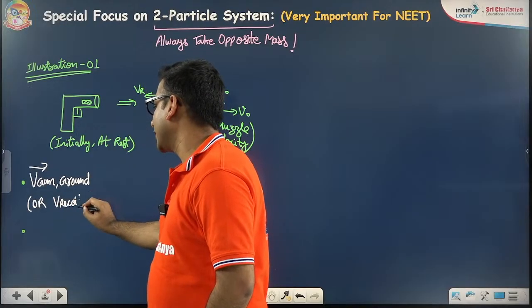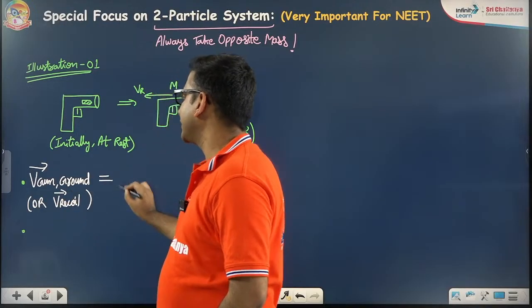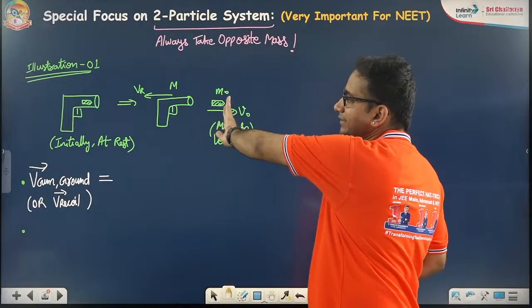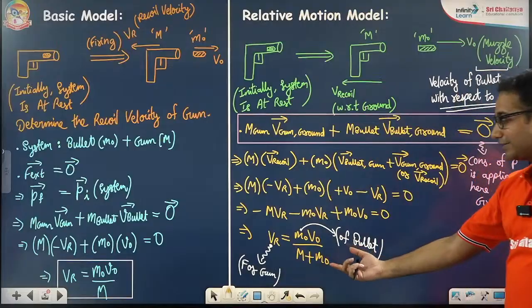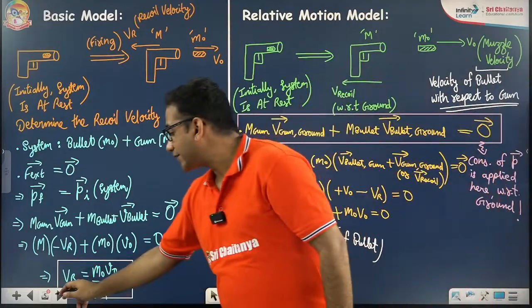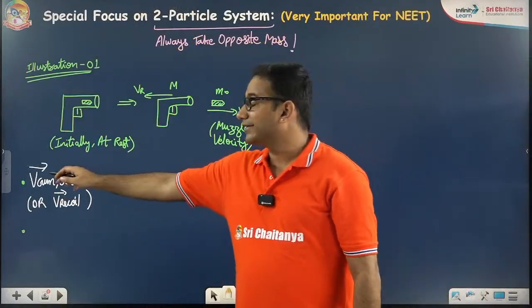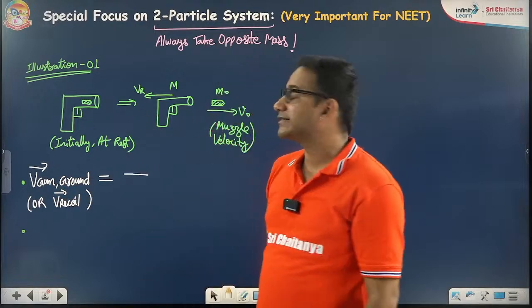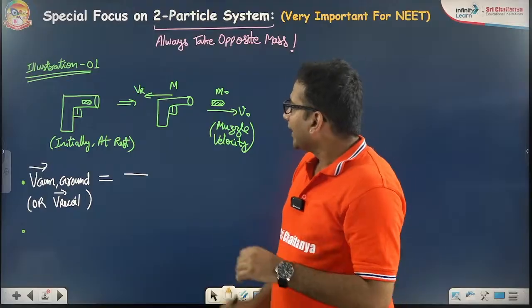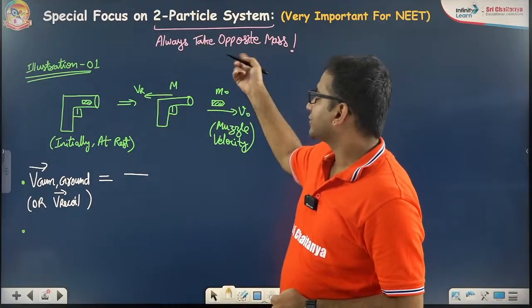Since it is moving left and I'm writing a vector, I have to put a minus sign here. Earlier I had just calculated the magnitude, so no plus or minus. And then I will say always take the opposite mass.